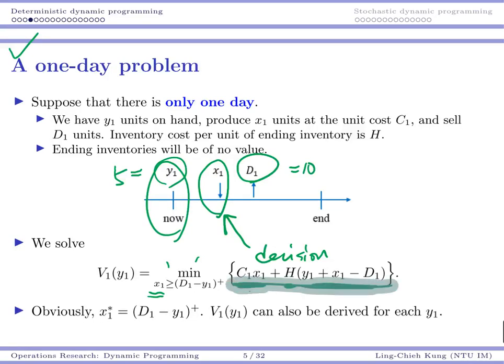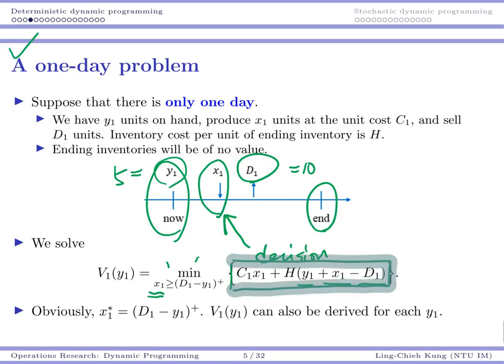Let's take a look at our inventory cost. Initially, we have y1. Plus x1 is the amount I add into my inventory pool, minus d1, which is the amount I sell. So y1 plus x1 minus d1 is my ending inventory. So the whole thing here indeed is our cost.